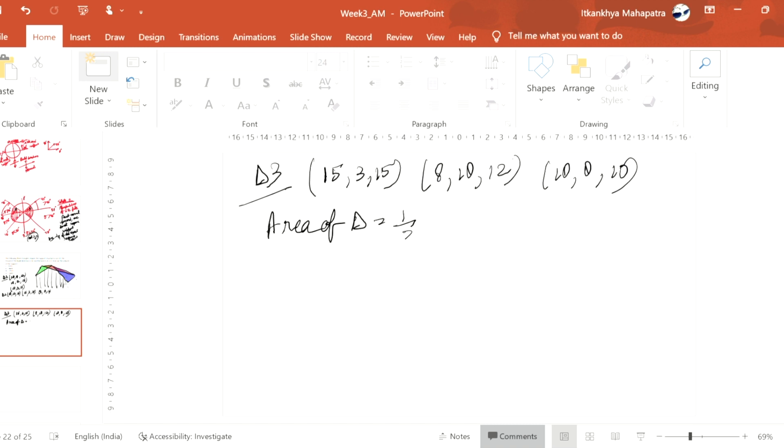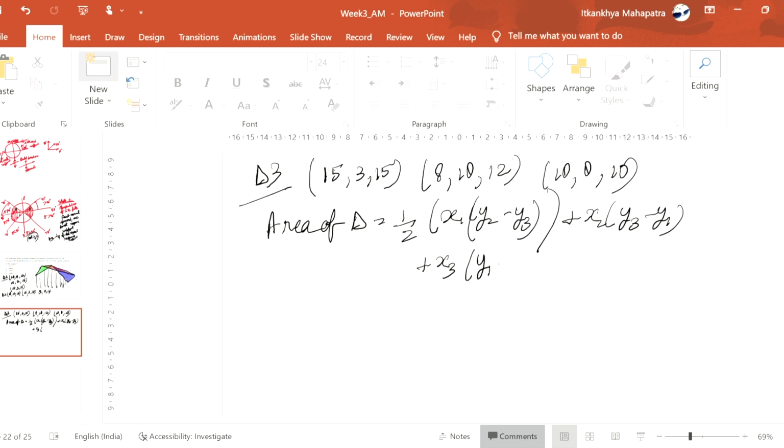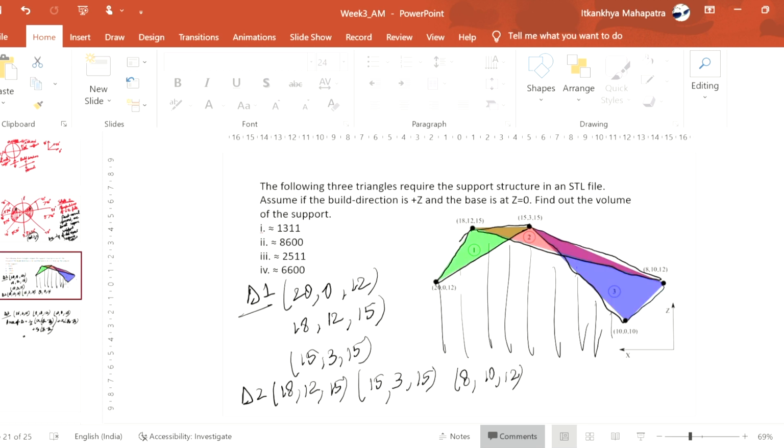area of triangle is equal to half x1 (y2 minus y3) plus x2 (y3 minus y1) plus x3 (y1 minus y2). Now triangle 1: 20, 0, 12, 18, 12, 15, 15, 3, 15.